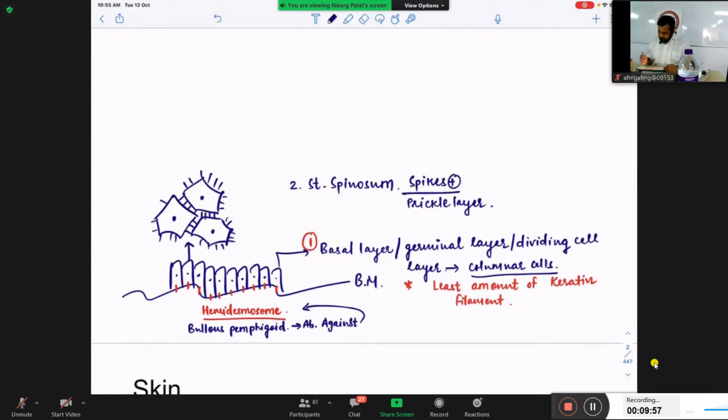And these spikes are also known as acanthosis. This is spike. So it is also known as acanthosis.